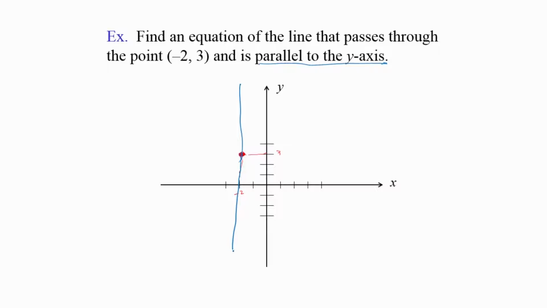What is the equation of this line, which is vertical? Well, that means x is equal to, no matter what the y value, x would be equal to minus 2. That's the equation of a line that passes through this point minus 2 and 3 and is parallel to the y-axis.